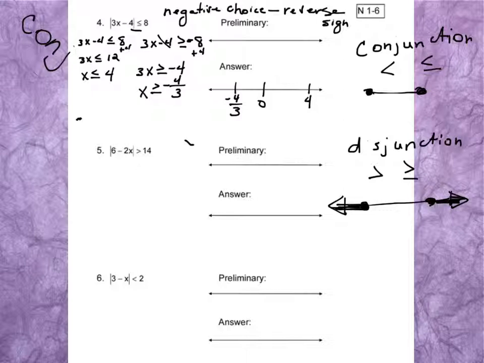Now let's look at our inequality. Remember, for a conjunction, the answer is always one equation. So I have to put these 2 back into one equation. I have negative 4/3, and I have x, and I have 4. And remember, with a conjunction, your signs are going to be less than. But verify.